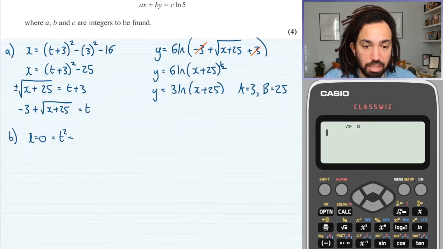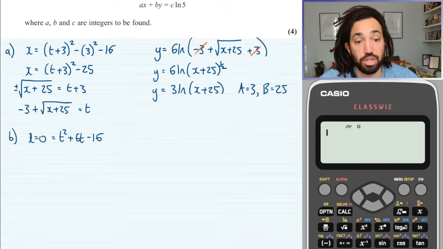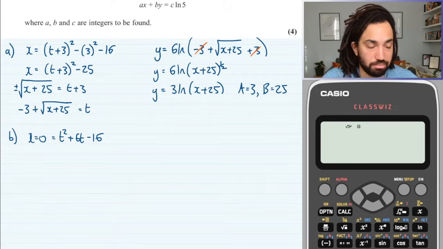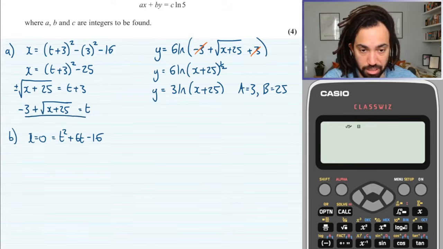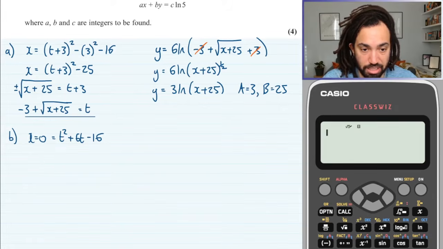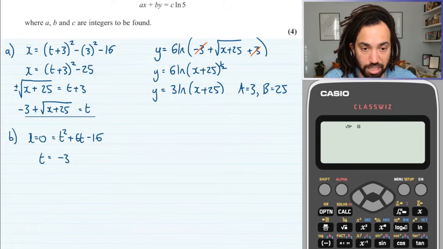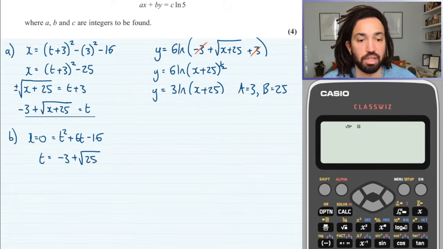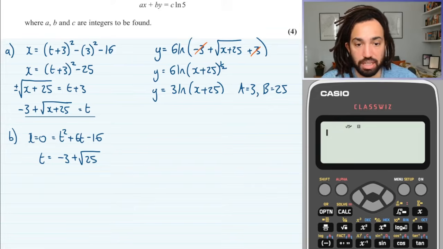So we can find the corresponding t values. And in fact, to save time, we can just use this, can't we? Because this was the rearranged formula. So we can say that t is equal to minus 3 plus the square root of 25, because x is 0. Okay, great. So that's the t value at the point P.